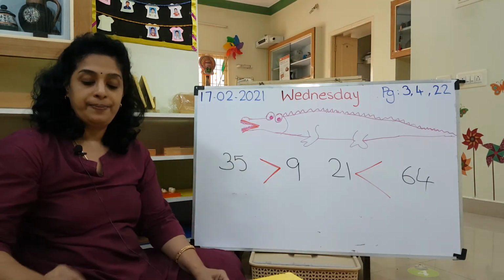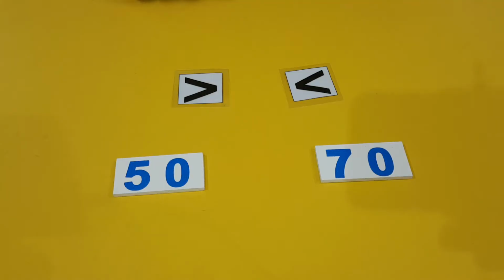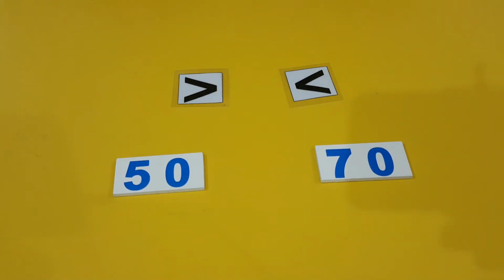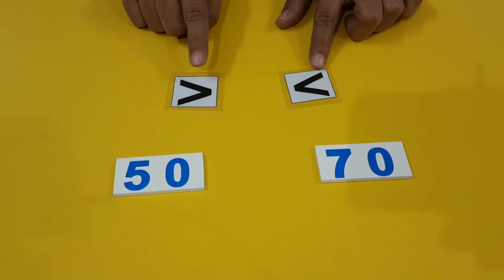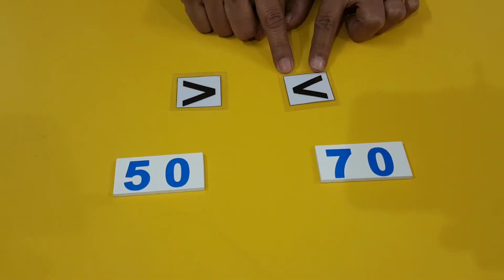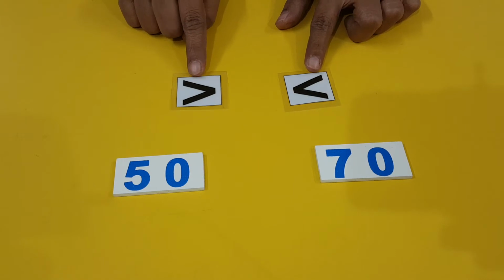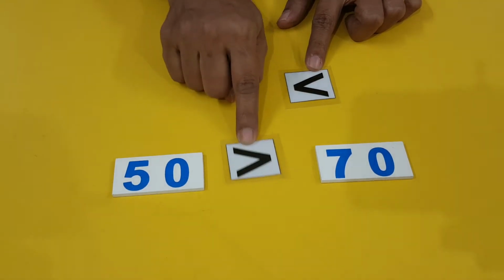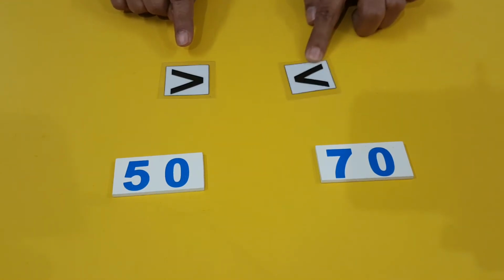Come, take a look. I have here my card of 50 and 70 and I have my symbols here, greater than, lesser than. Now you tell me what symbol should I place here? Should I put greater than or lesser than?